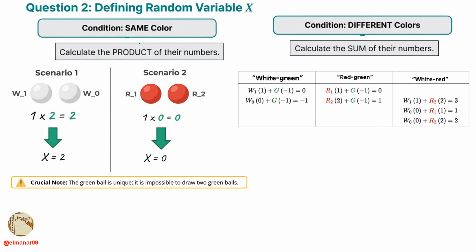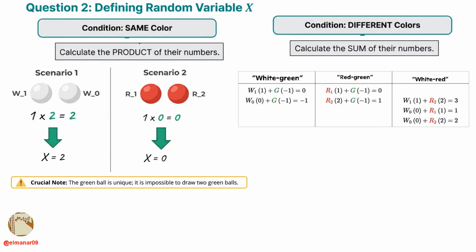If we take the white W0, number 0, and the green G, number -1, the sum 0 plus -1 gives us -1. Red-green combination. With red R1, number 1, and green G, -1, we get 0. With red R2, number 2, and green G, -1, we get 1.